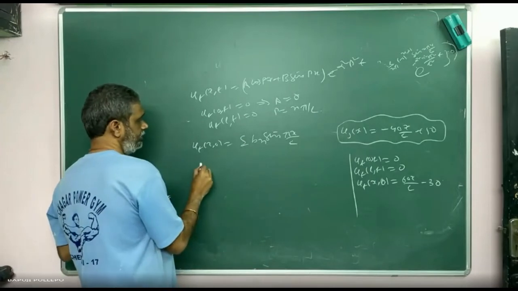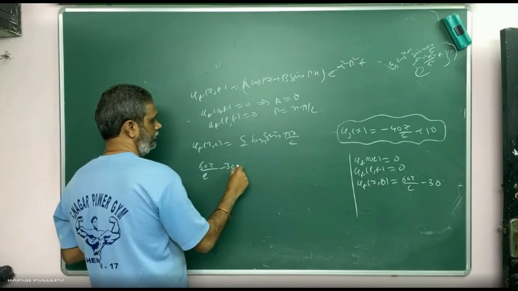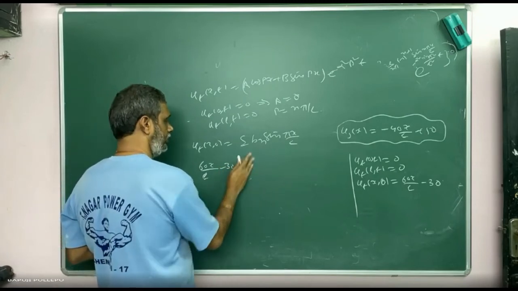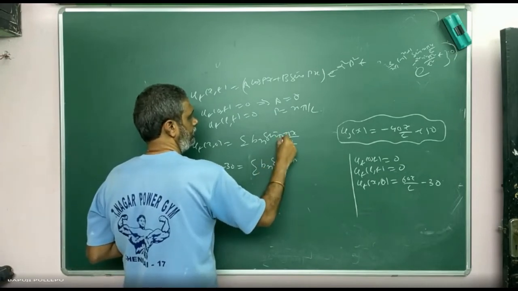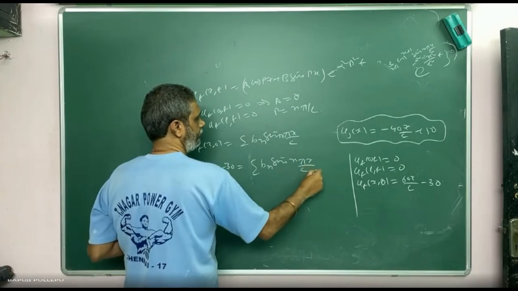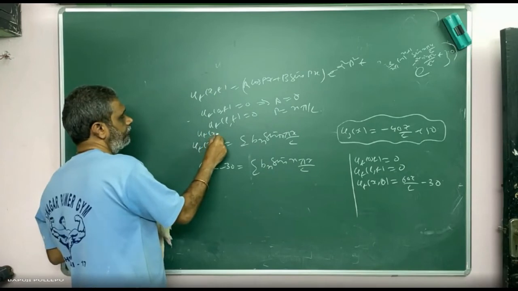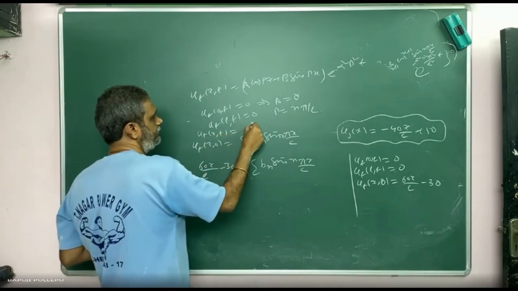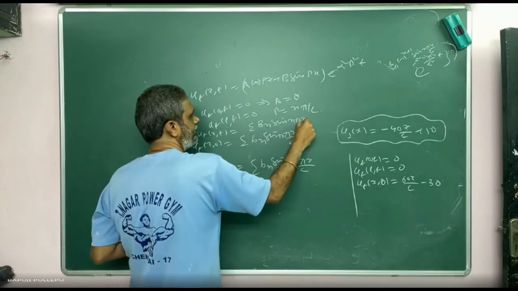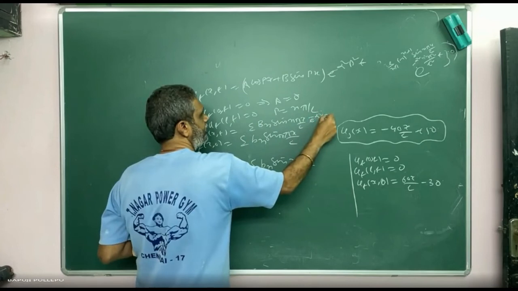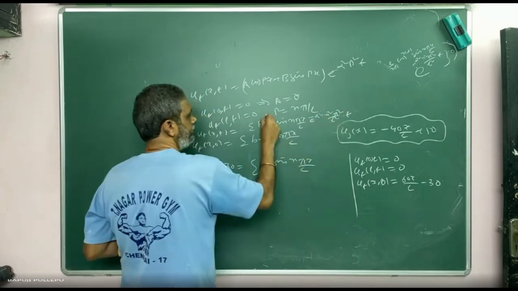Now this is equal to 60x by L minus 30, that is bn sin n pi x by L. Correct? Actually, before that, the general solution ut of x comma t is capital Bn sin n pi x by L e to the power of minus alpha square n square pi square by L square into t. This is important.